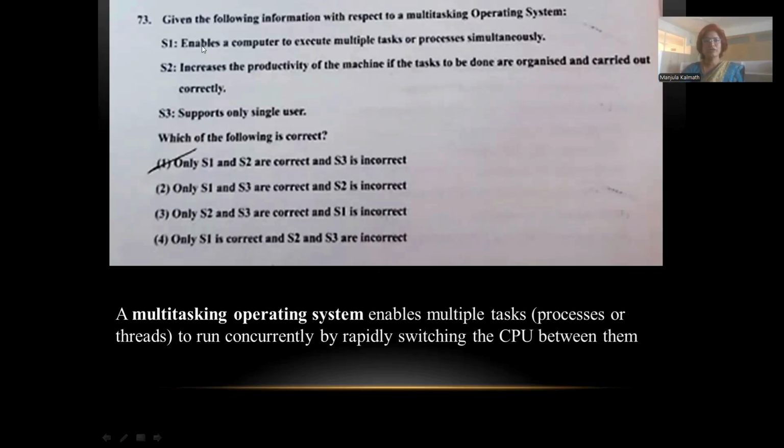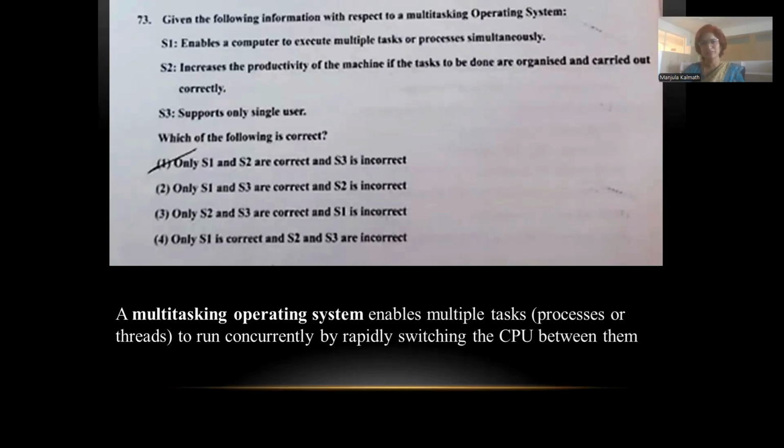And S1 enables a computer to execute multiple tasks or processes simultaneously. Here we have multitasking, multi-user as well as multi-processing. Multitasking means the given program itself is divided into multiple tasks and different tasks are executed simultaneously.